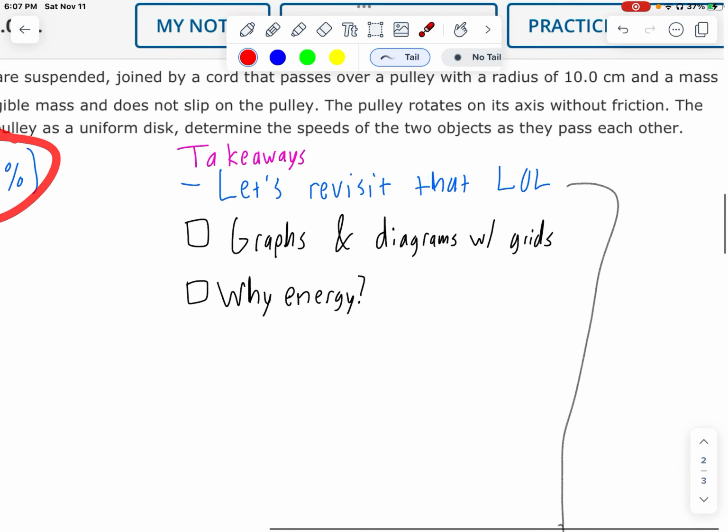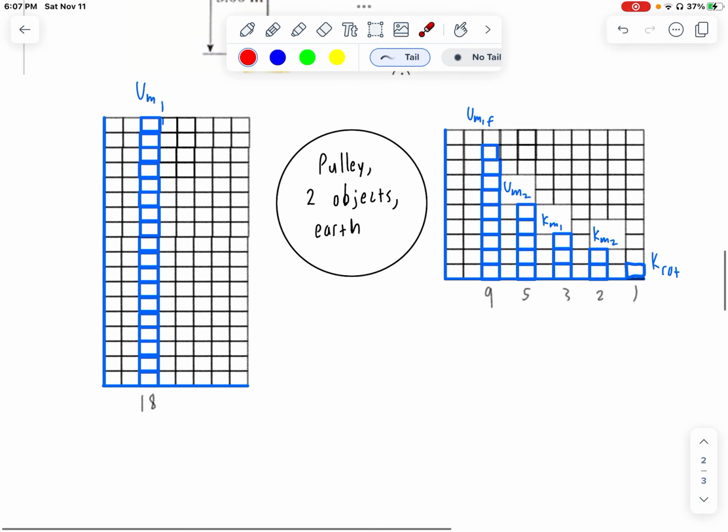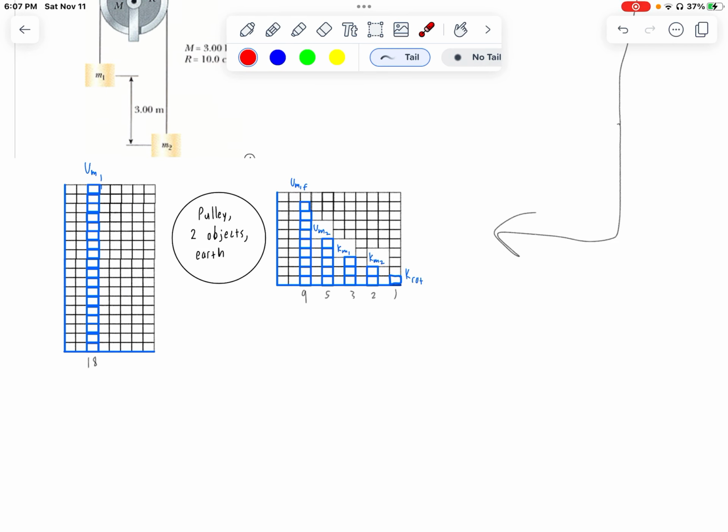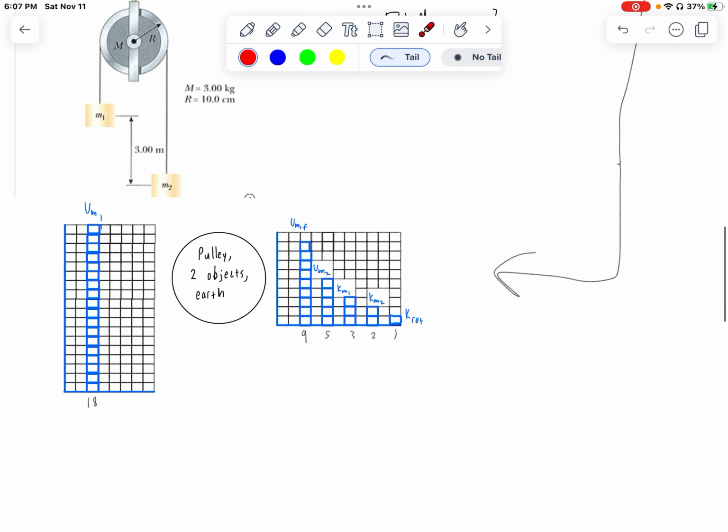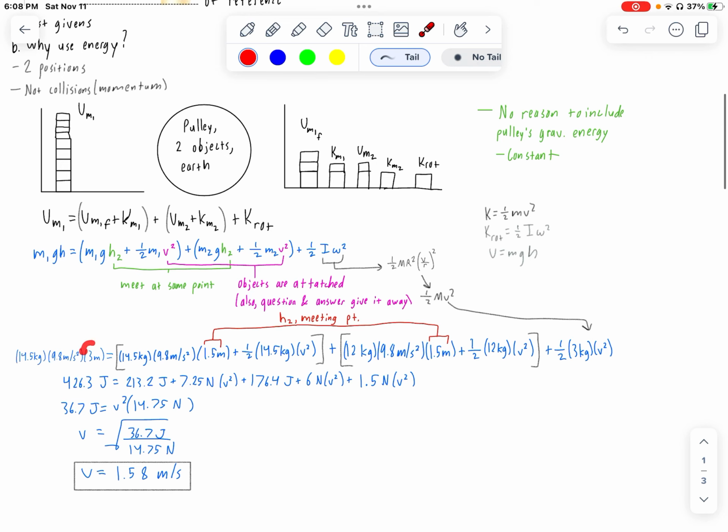And then some takeaways. Let's revisit that LOL diagram. I just wrote these numbers, they don't mean anything, but I guess they do have a relation to one another. So obviously all the initial energy in the system is with gravitational mass 1. And at the end, we can actually see that, let me try to think. The horizontal displacement above the ground for mass 1 is just cut in half.